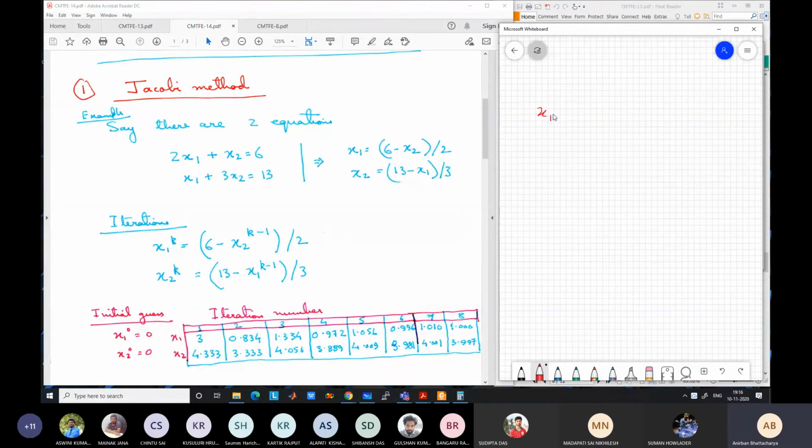So x1 0 is equal to 1 and x2 0 is equal to 1.